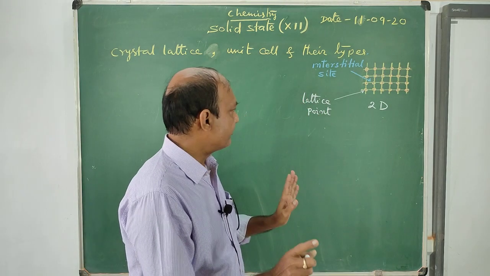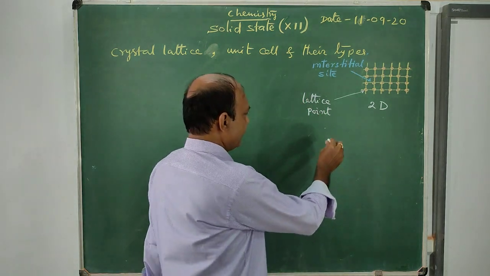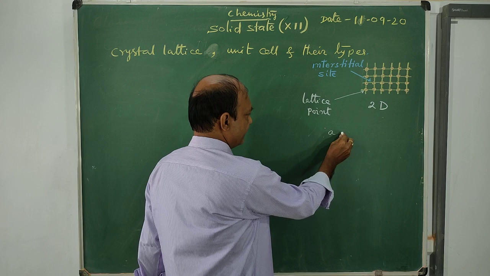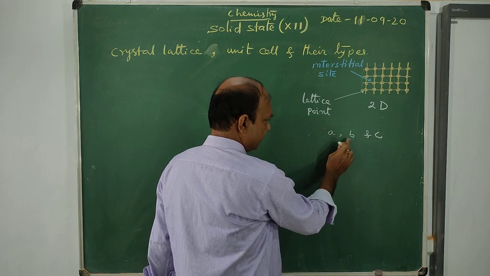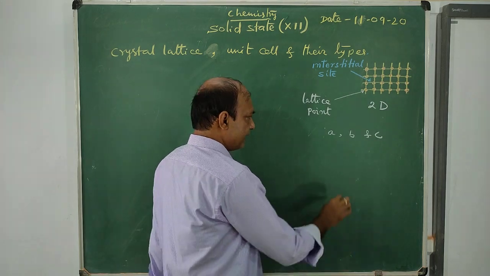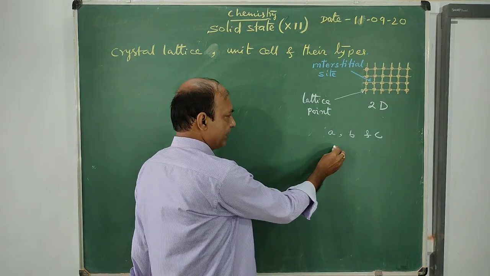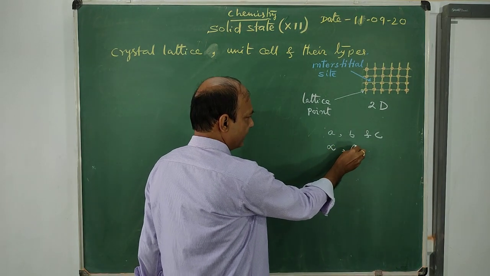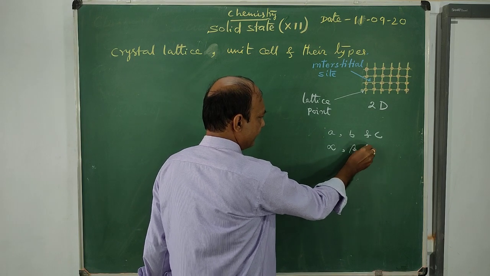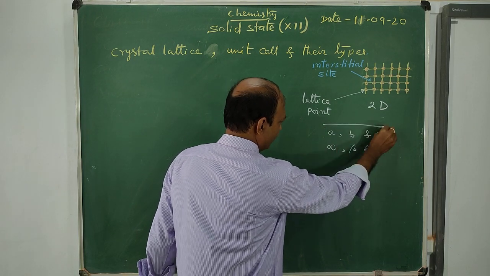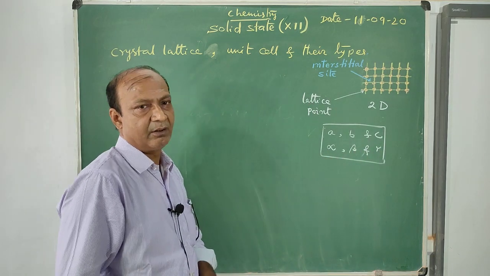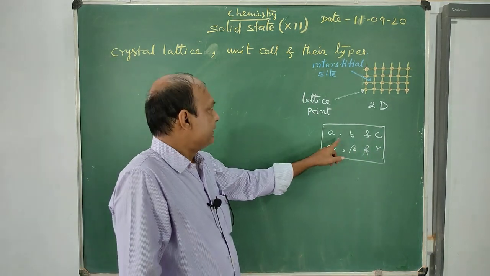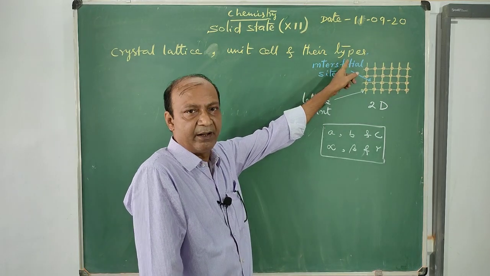So, length, breadth and height are denoted by a, b and c, and axis to axis angles are denoted by alpha, beta and gamma. On the basis of these two structural dimensions, unit cells are classified.